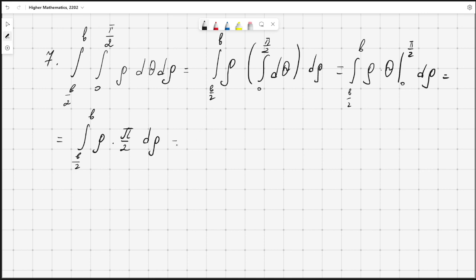This pi over 2 we can take out of the integral as a constant.